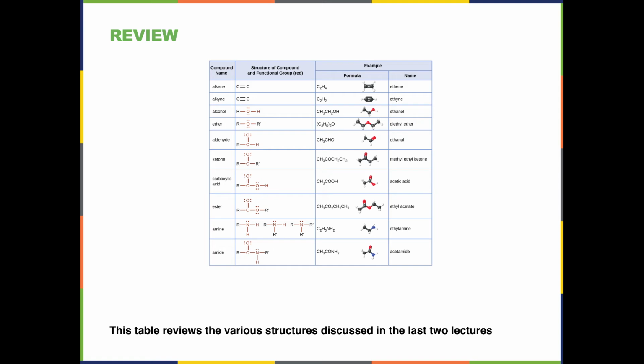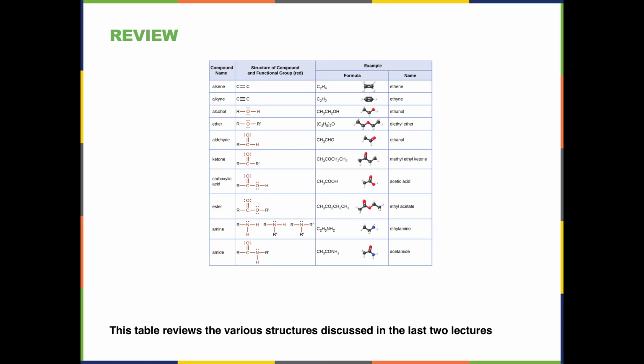So, just as a review, before we go through a series of examples so that you can practice, here are the various structures and names of the various different types of compounds. This table comes from your book, so you can use this table from your book to study.